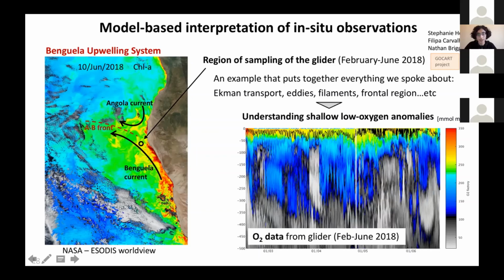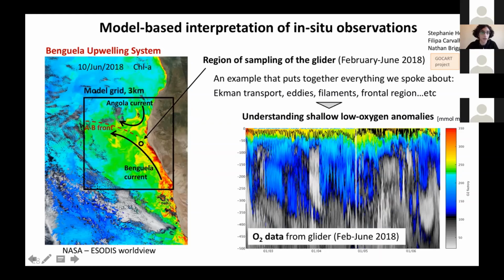They show us these grayish, almost white blobs of water that hit the glider. And they seem to appear and disappear. In the meanwhile, we also see oxygenated water that reaches the glider position. So we really want to understand what's going on here.